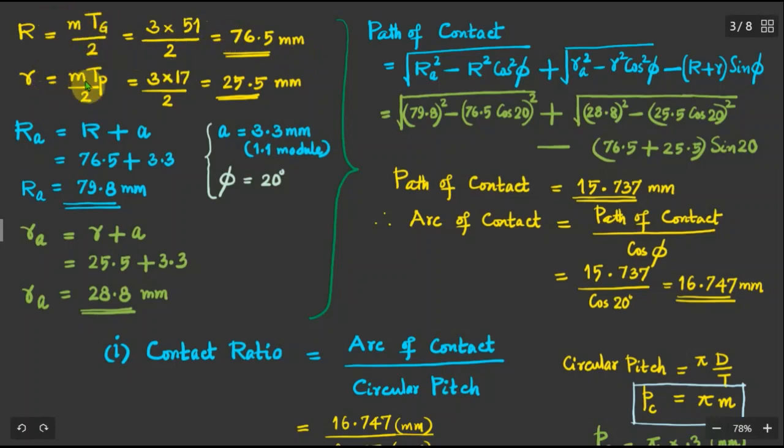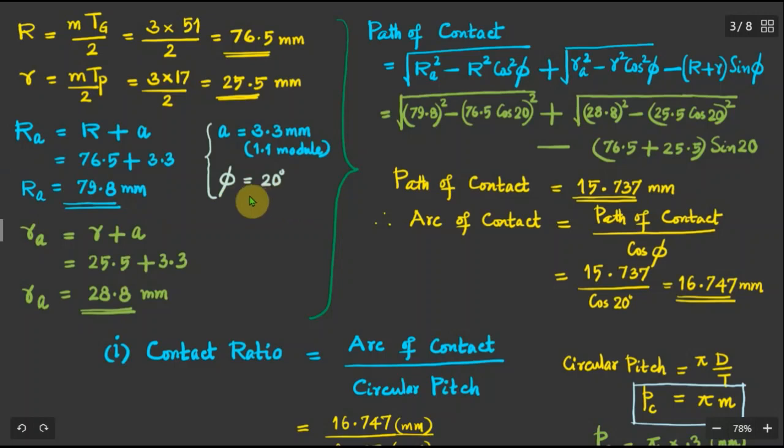And small r is equal to M Tp by 2, M is 3 mm, number of teeth on the pinion is 17, so 3 into 17 by 2, we will get 25.5. And now the addendum circle radius of the gear wheel is equal to capital R plus A, that is 76.5 plus 3.3, both in millimeters. So addendum circle radius of the gear is equal to 79.8 mm.